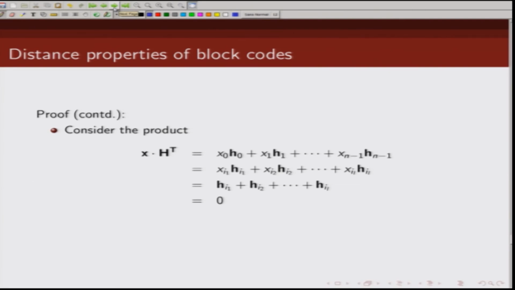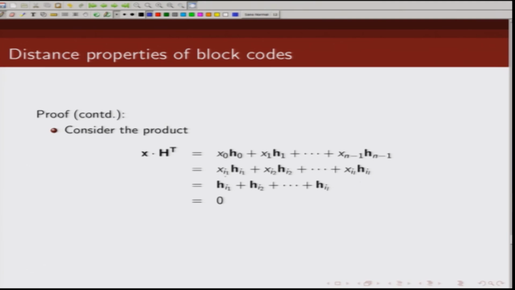So, what is x H transpose? It is given by x0 h0 plus x1 h1 plus x2 h2 plus up to x(n-1) h(n-1). Now, since we know that L elements of this n-tuple x are non-zero and they are given by xi1, xi2, xi3, up to xiL, we can write this as xi1 hi1 plus xi2 hi2 up to xiL hiL.